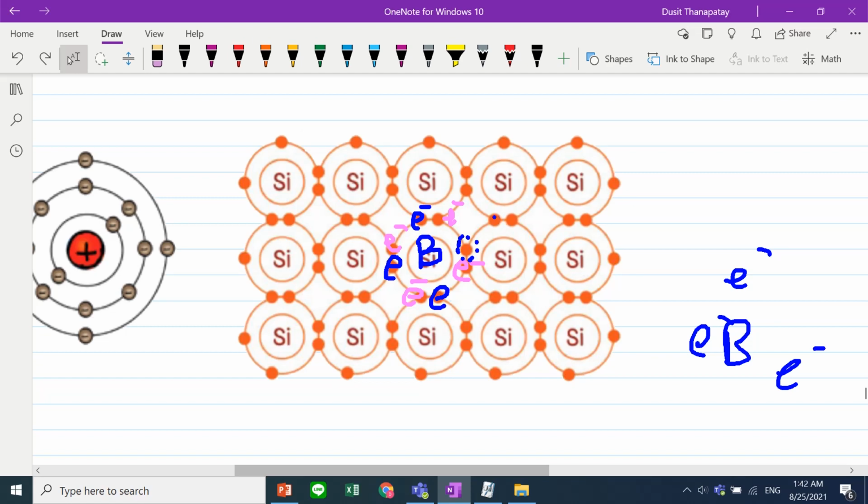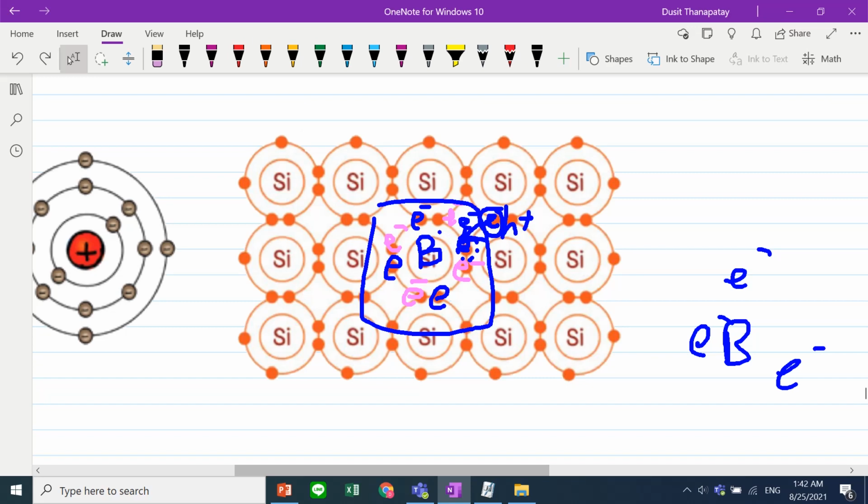That means an electron from here will move and fill at here, and now here becomes a hole, right? After the electron from the nearby silicon atom moves to here, the number of electrons in this area becomes one more negative charge.